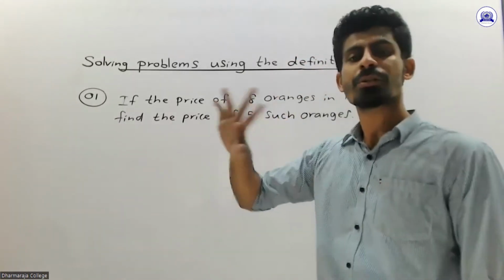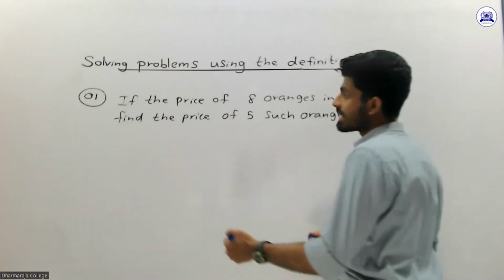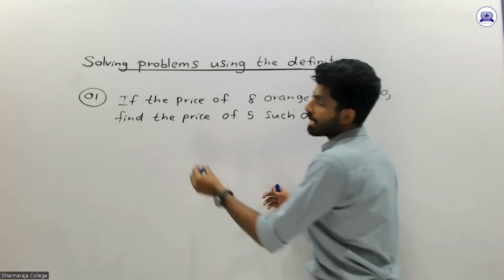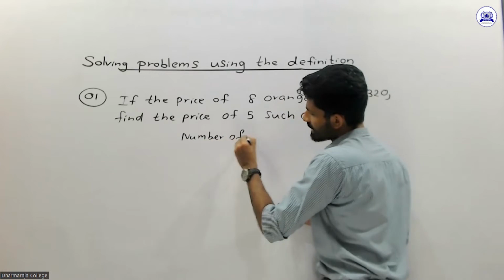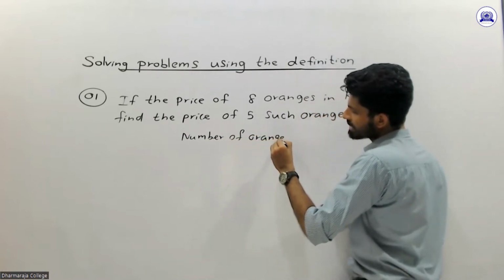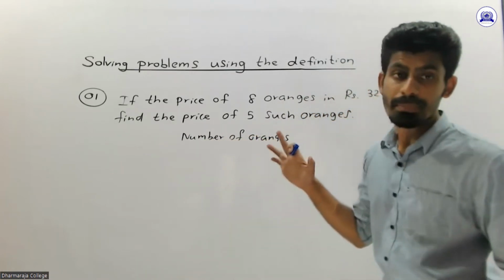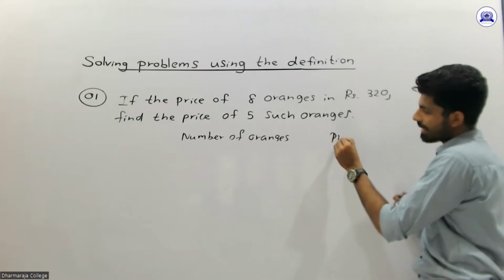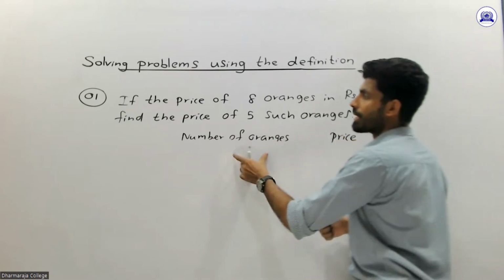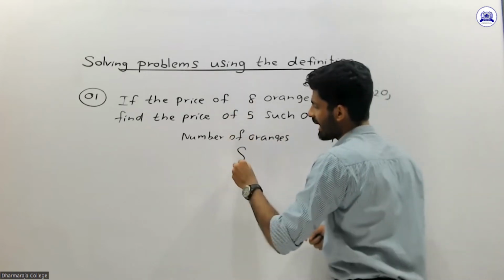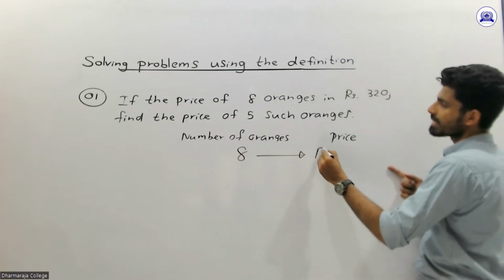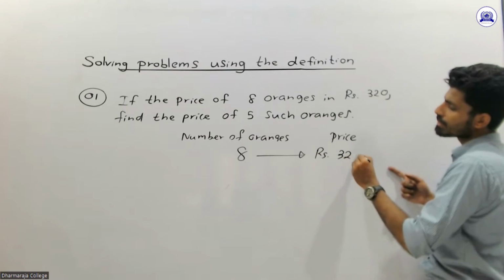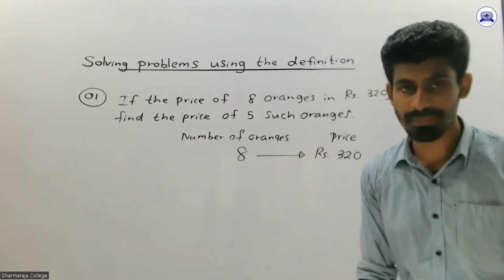But in this method, there is no need to do that. I take the number of oranges and the prices. For 8 oranges, the price is 320.